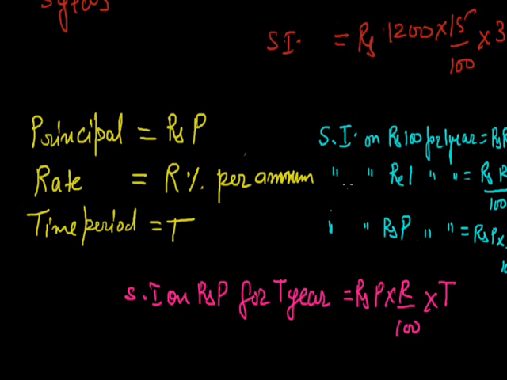Now this is the formula for calculating simple interest on the amount P at the rate of interest R% per annum for the time period T.